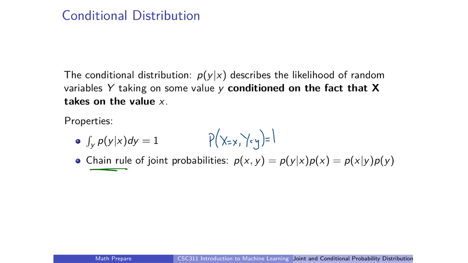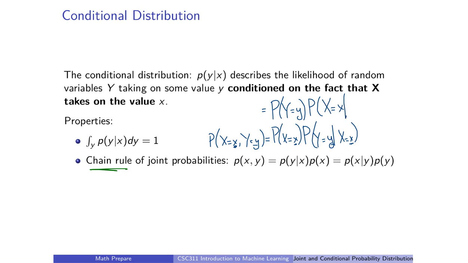First, we can figure out the probability that x takes on this value, little x, and given that x has taken on this value, what is the probability that y takes on the value little y? And there's a symmetry here, so I could also start by asking what is the probability that y takes on the value little y, and multiply that by the probability that x takes on the value little x given that y has taken on the value little y.